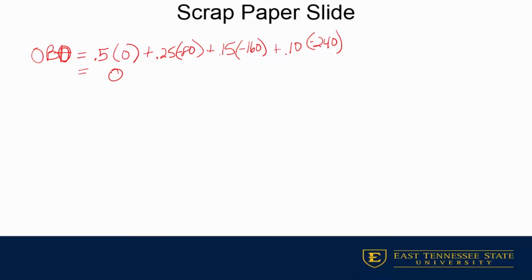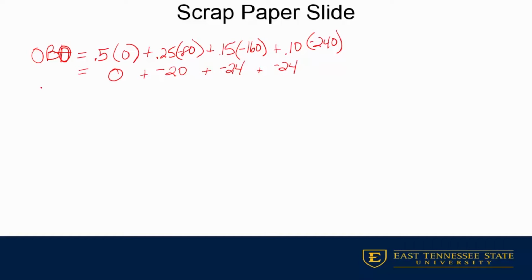So if we take a look at overbooking 0 rooms and do the math, 0.5 times 0 is 0. 0.25 times a negative 80 is a negative 20. 0.15 times a negative 160 is a negative 24. And 0.10 times a negative 240 is a negative 24.